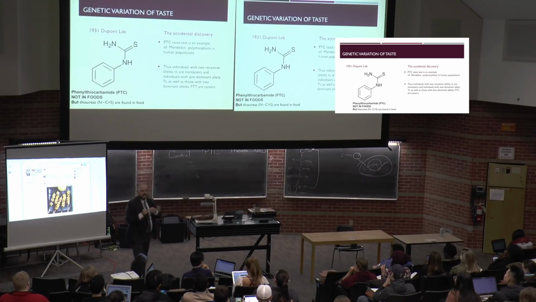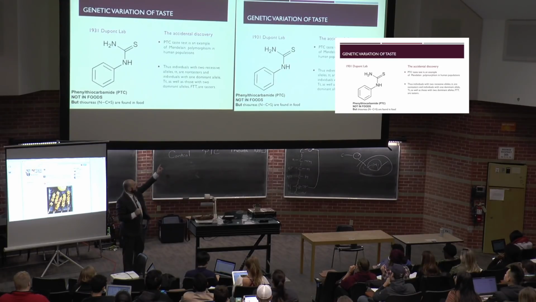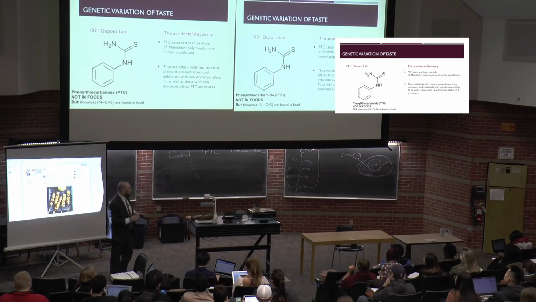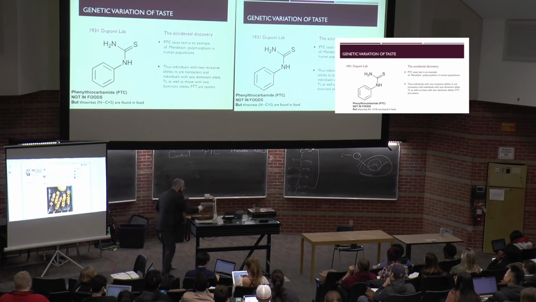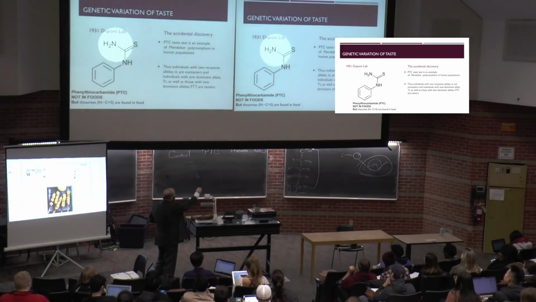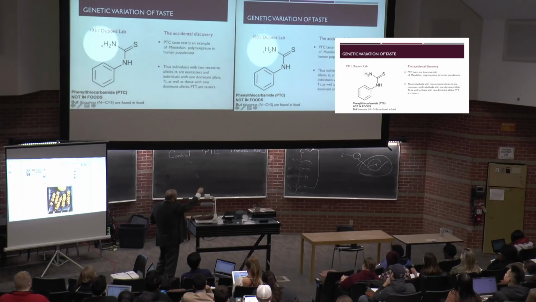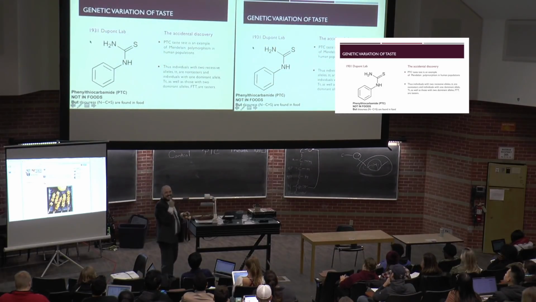There is one gene responsible for the detection of, we say PTC, but really what we're talking about is this NCS group. This group of 3 compounds is what's detected.